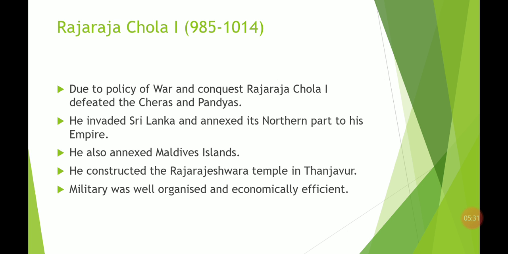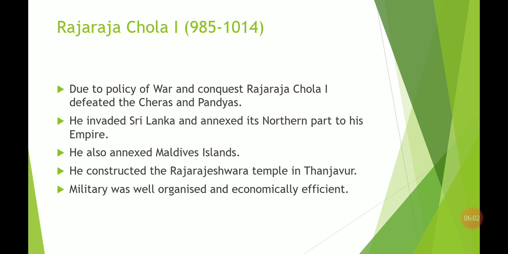Here the military was well organized and economically efficient. The Chola dynasty had cavalry, infantry, elephants, and a navy also. These forces were well organized, well trained, well paid and well equipped.